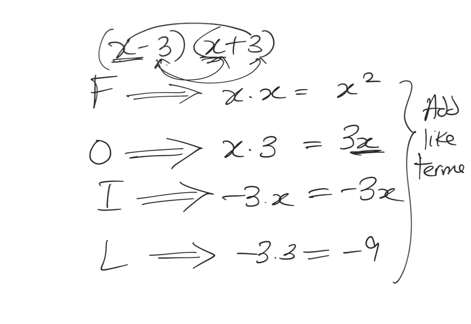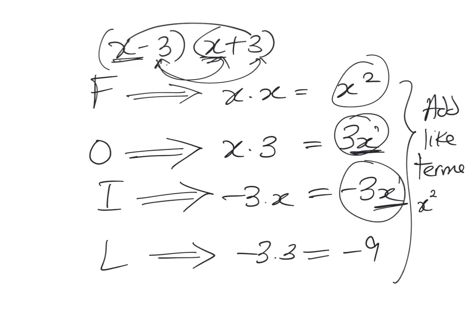In this case, we have x and x in the first power, but this x squared is not a like term of the x. Notice that this is positive 3x and this is negative 3x, and that's going to go away. So you're left with x squared minus 9. That's the answer to this particular problem.